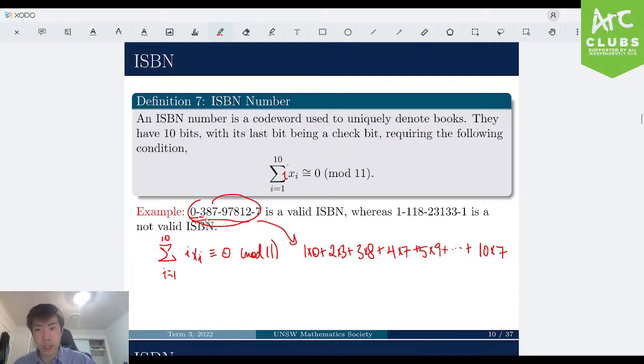And this ended up equaling something that was divisible by 11. On the other hand, this number here would not be a valid ISBN because when you did the same sort of calculation with this number, it ended up with a number that wasn't divisible by 11. All right, we'll go through an example that goes through this in a bit more detail.